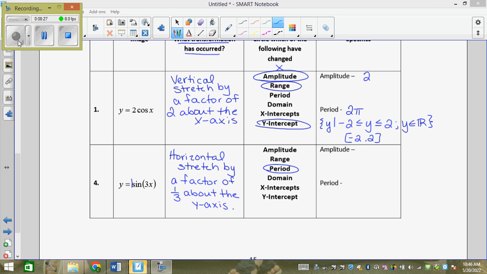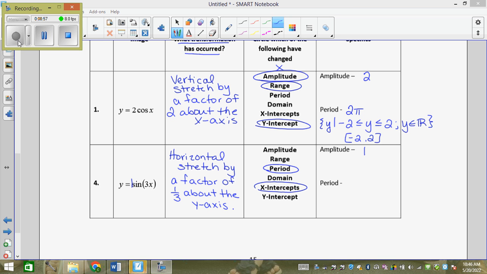What about the domain? Technically, no, because the domain is x in R, right? So it just repeats itself more in x in R, but it doesn't make it any less x in R. X-intercepts, does it change? Yeah, because it's squishing it. What about the y-intercept? No, only because if the y-intercept is at like 0, 2, if I take 0 and multiply it by 1/3, it's still 0, right? Because of mapping. Okay, that's my amplitude, 1.